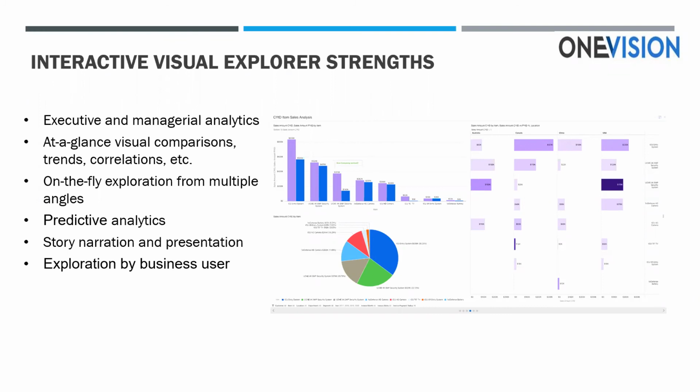We do have some predictive analytics, so where our budgets and forecasts are coming up, we can add into these IVE reports to give us some analysis of future-looking data.